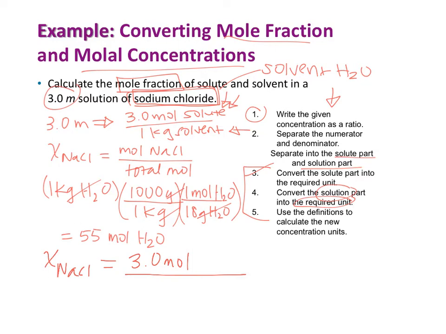And then for the bottom, we're going to take 55 plus the 3.0 total mole. So it'll end up being 3 divided by 58. Now what you should get from that is 0.052. So our mole fraction for this sodium chloride is 0.052.